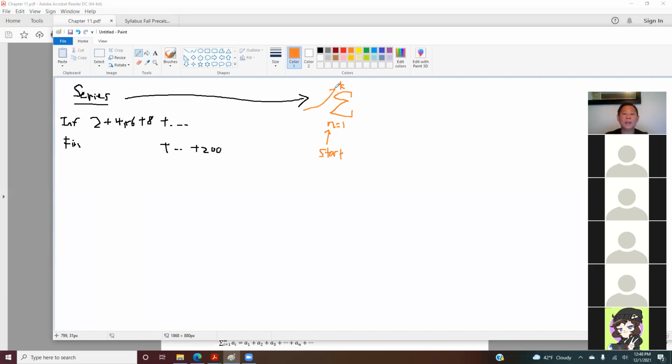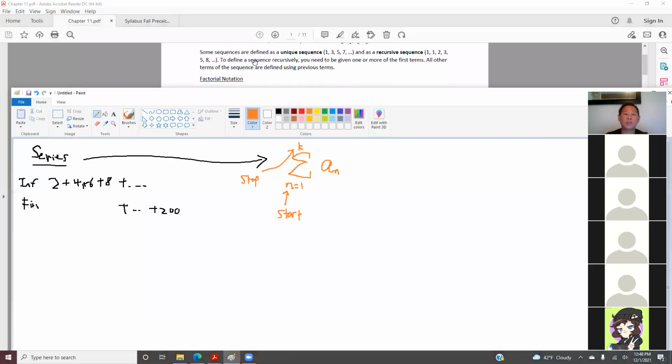And this is where you stop adding. And then you put your AN sequence here. So remember on the previous example, question 4, 5, 6, 7, 8 here, we found the AN series, right?